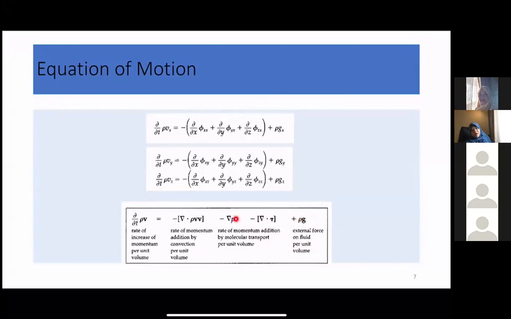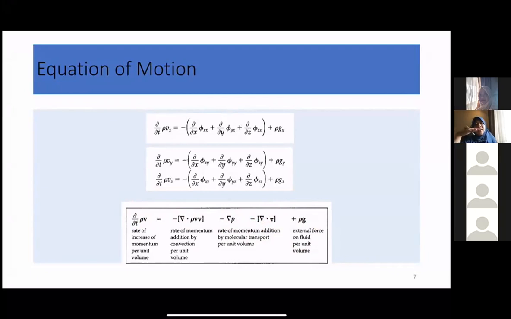So this is the general way to read this one. Again, if you forgot or don't understand this one, you can go back to calculus: what is the definition of ∂/∂t, what is the definition of divergence, what is the definition of a vector. So please check again your understanding regarding that.